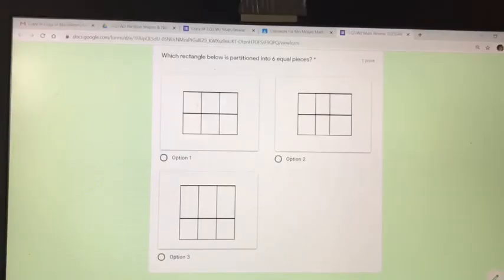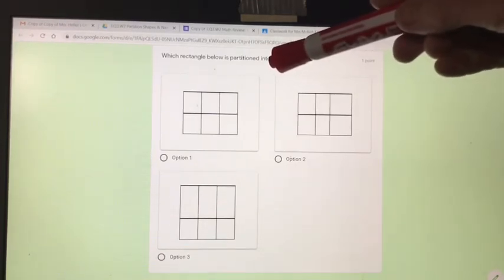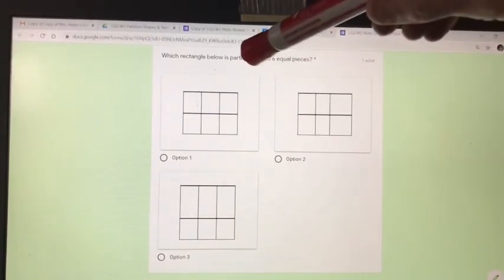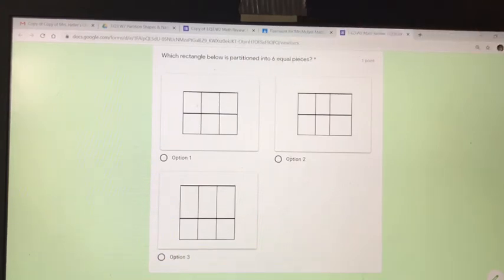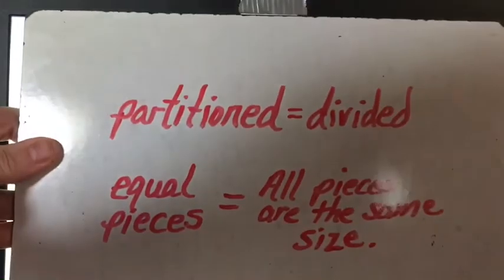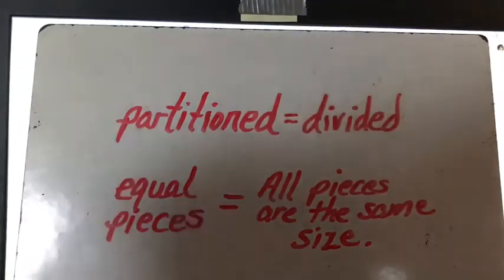The fourth problem says, which rectangle below is partitioned into 6 equal pieces? So I see the number 6. I need to make sure I use that. I see the keyword partitioned, and then I see equal pieces. So I go into my memory bank and I think about partitioned.